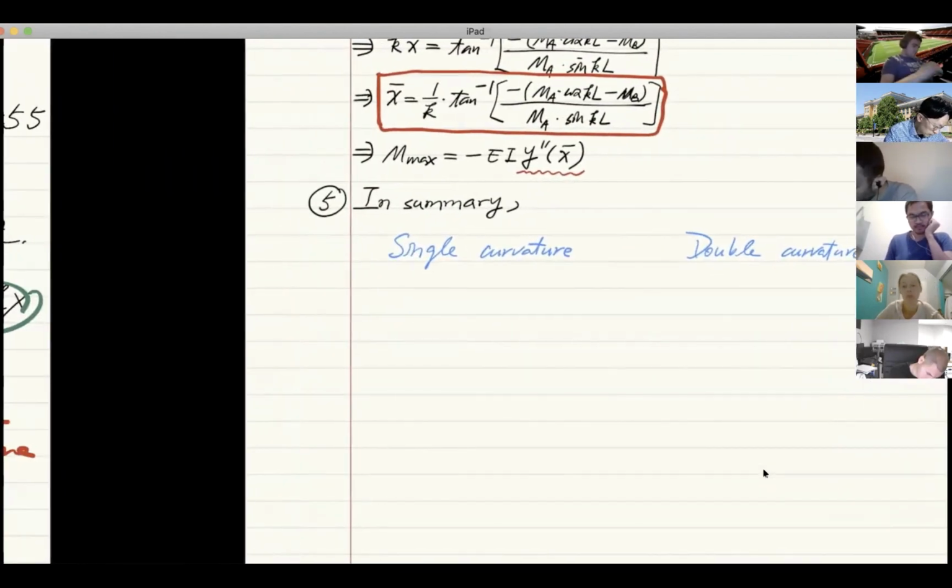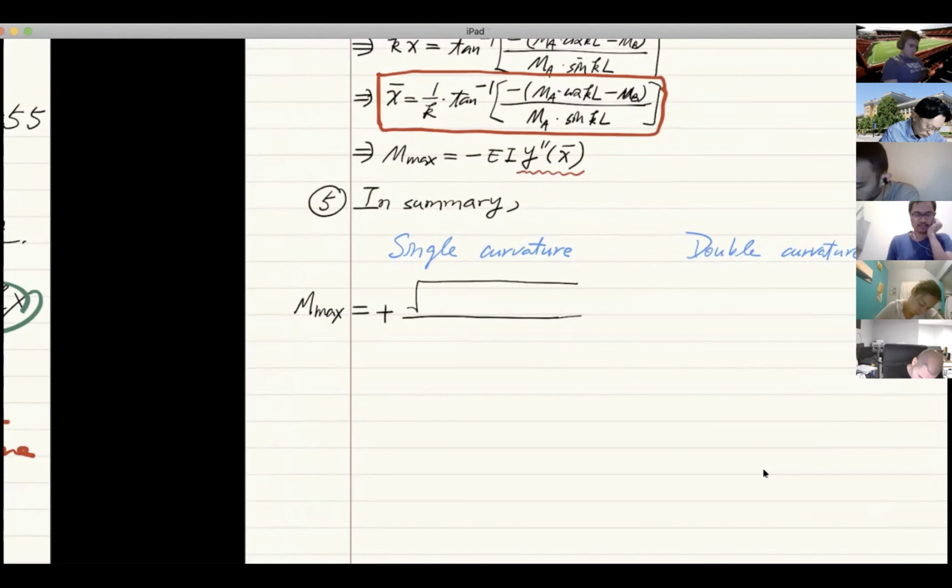Maximum moment will equal positive the square root of Ma squared plus 2 Ma Mb cosine kl plus Mb squared, divided by sine kl.